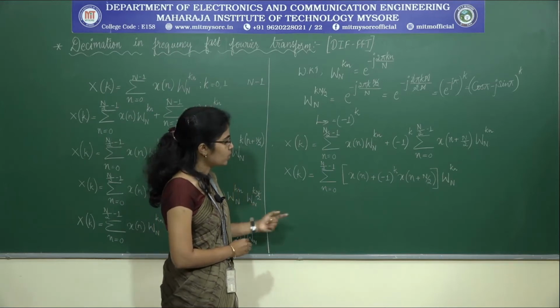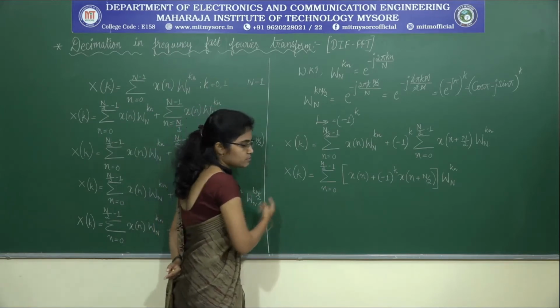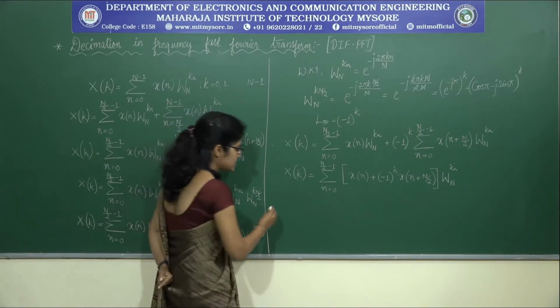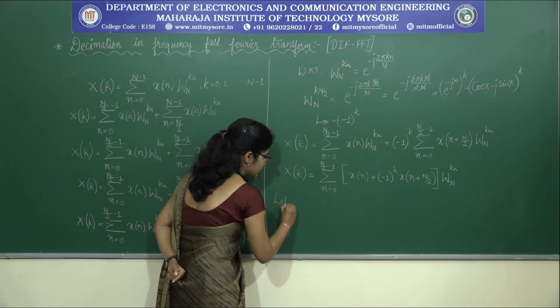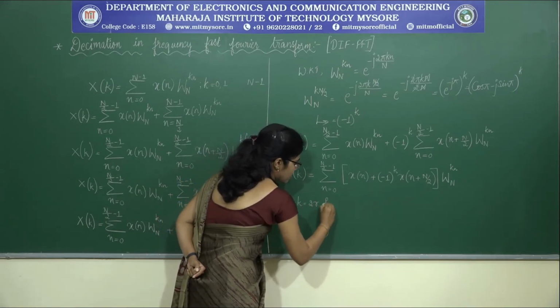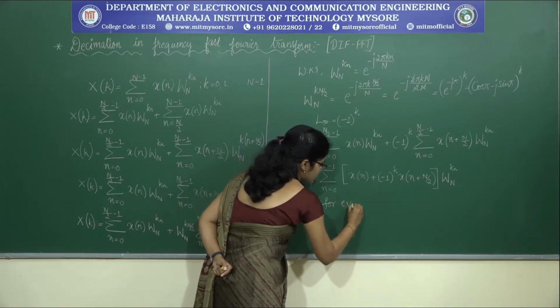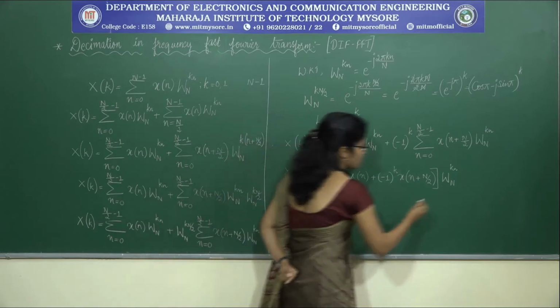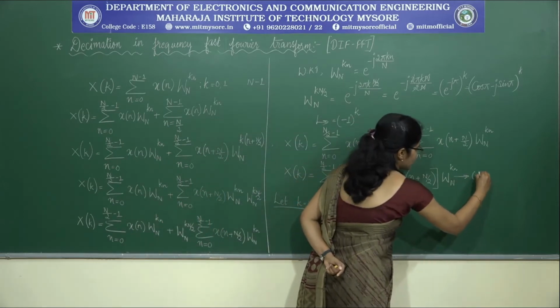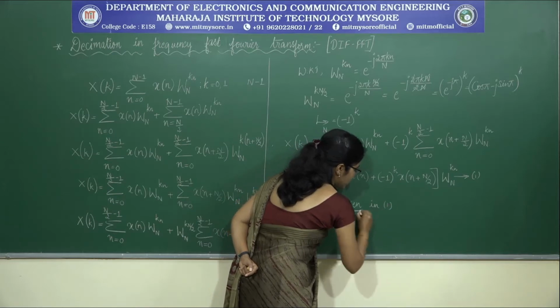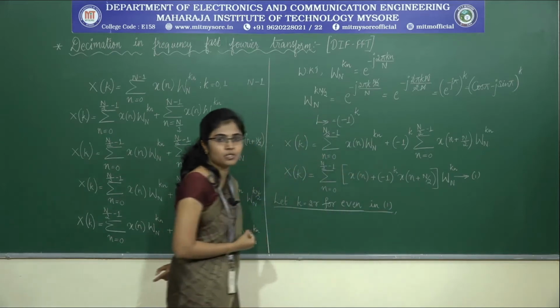Okay. So for that, let us take a substitution for even, and let us take a substitution for odd also. Let k be equal to 2r for even. If k is equal to 2r for even, let me term this as equation 1. So let us see what happens to equation 1.